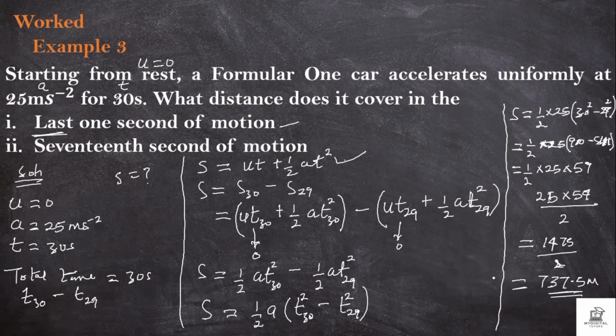Now I believe you should be able to solve the second one, the 17th second of the motion. The 17th second of the motion is going to be the distance at time t17 minus t16. Using the formula, the distance in the 17th second will be equal to s17 minus s16.